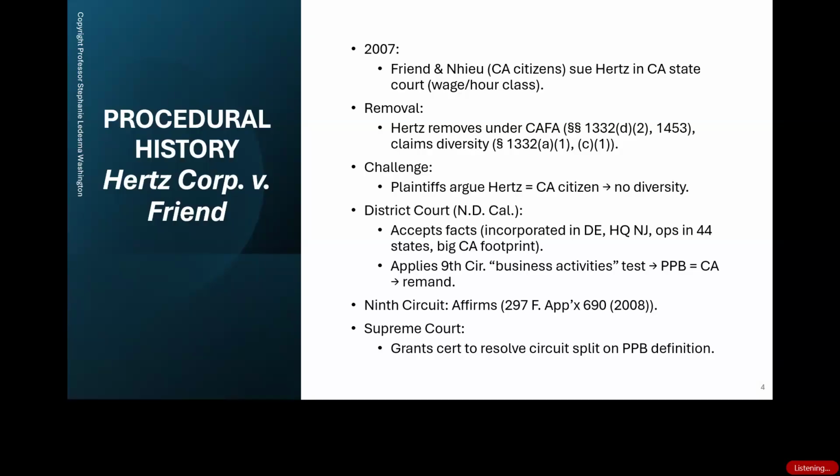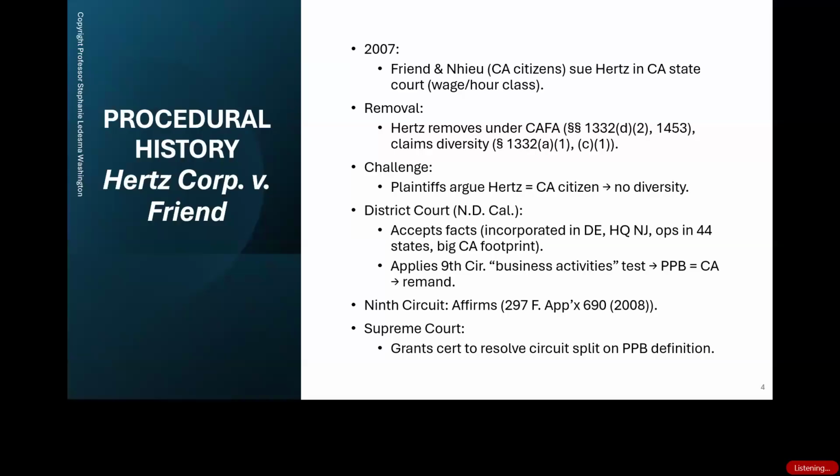Removal goes one way. It goes from state court to federal court. It does not go vice versa. You don't remove from federal court to state court. Removal works one way: from state court to federal court.